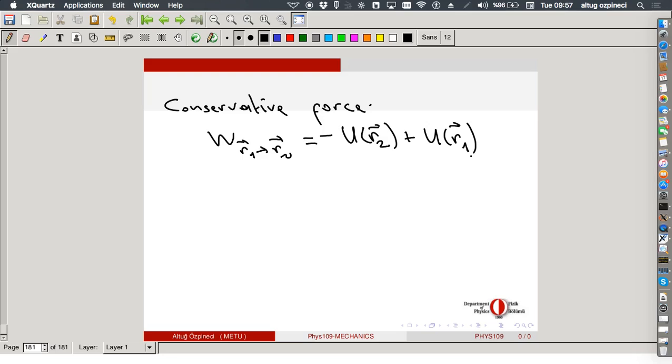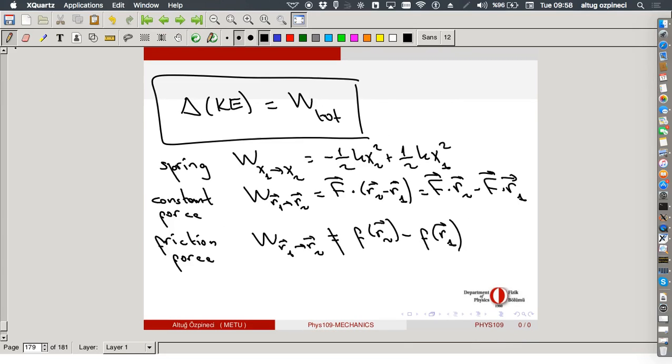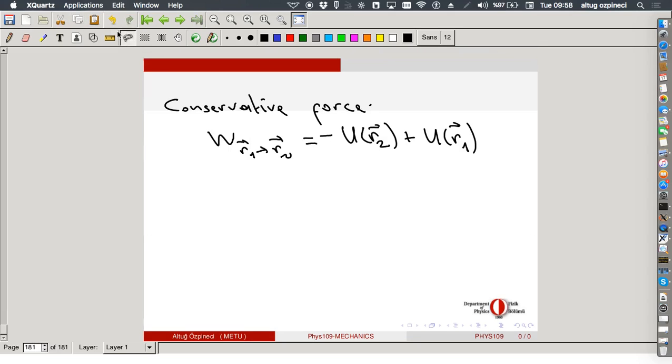It is just the difference of two functions, one evaluated at the final point, the other one evaluated at the initial point. So these are already two examples we have.